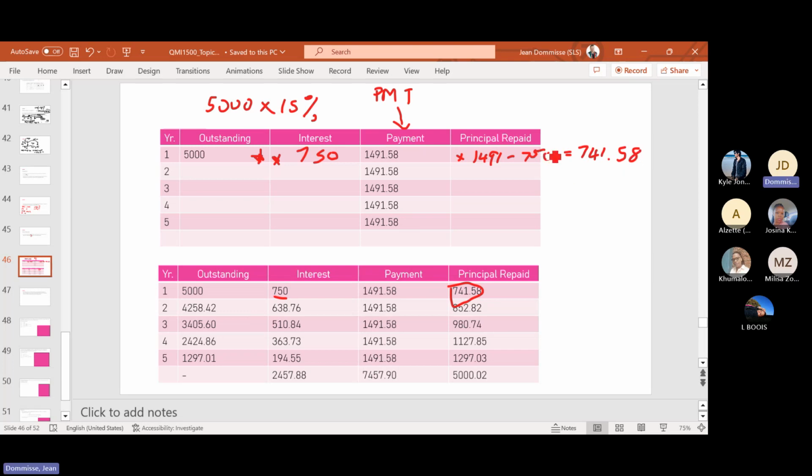So there are two things that I've now not included here. You can add another column here to say end of period.